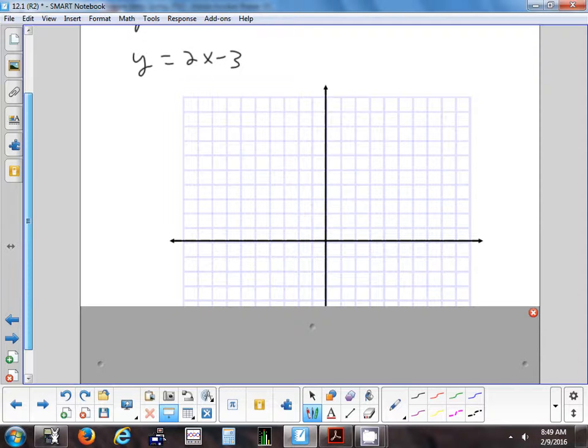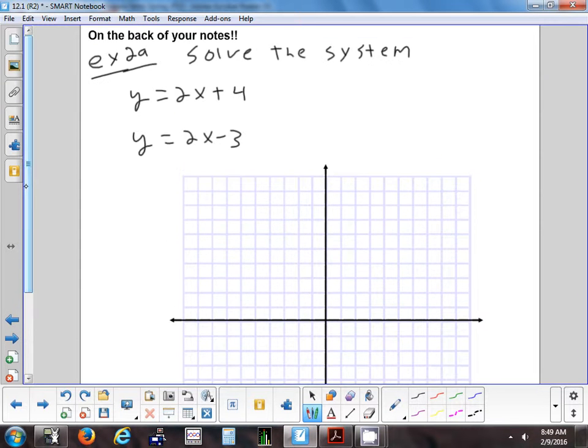Okay? But let me sketch them very quickly, and I'll show you they're parallel. Start by going up 4. And then from there, up 2, right 1. Up 2, right 1. Start by going down 3. Slope, up 2, right 1.